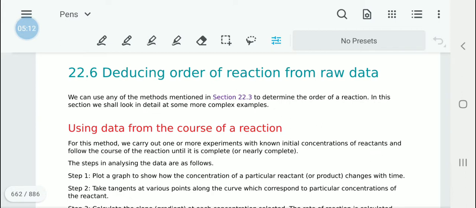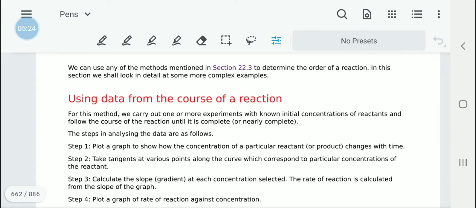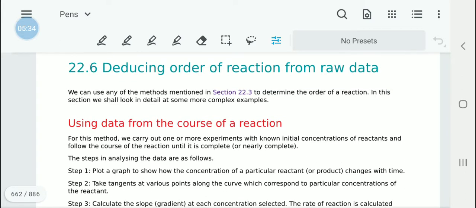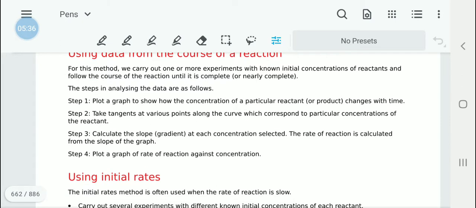Now we are going to figure out the order of reaction from raw data. Earlier we had all of the data and information given to us. Now we are going to find out how to use the raw data or the initial data to understand the order of a reaction.